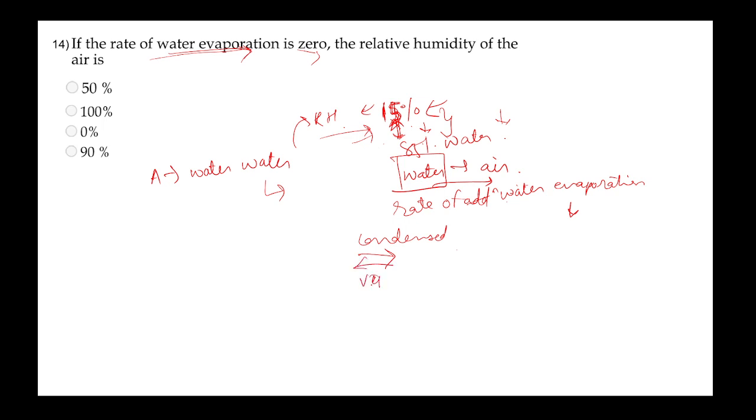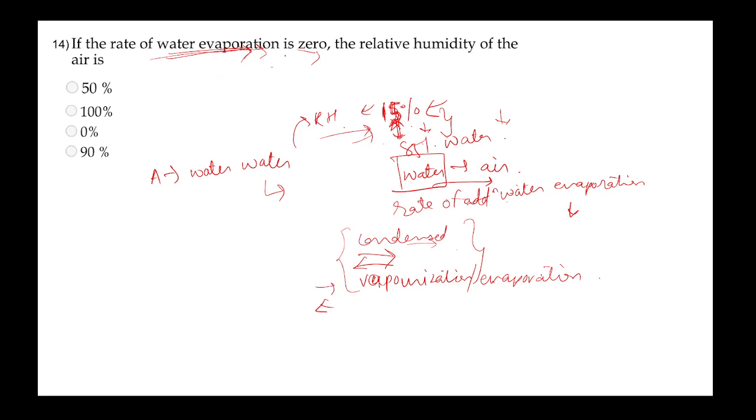There will be some amount of vaporization. If the air is unsaturated, the rate of vaporization will be more, and so the water content can still be increased. At some point there will be equilibrium, where the rate of condensation and the rate of vaporization or evaporation will be equal, and that is known as the rate of evaporation being 0, like net rate 0, because whatever is getting evaporated is getting consumed.